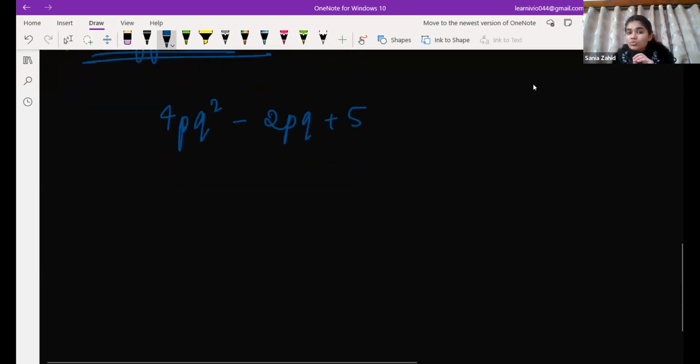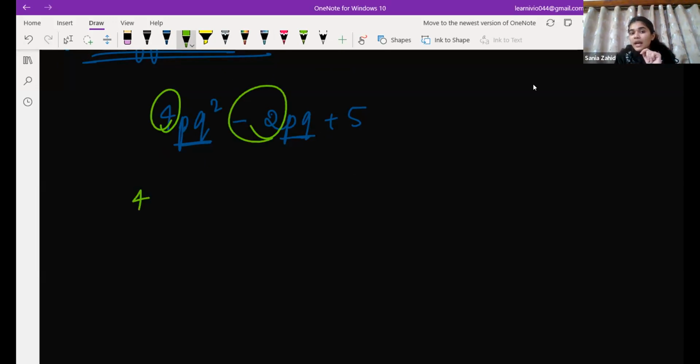For example, pq square is one variable. pq is also a variable. So what is the coefficient? Coefficient is the number that is attached to the variable. So you see over here, what is attached to pq square? 4. What is attached to pq? Minus 2, right? So 4 and minus 2 are basically the coefficients.